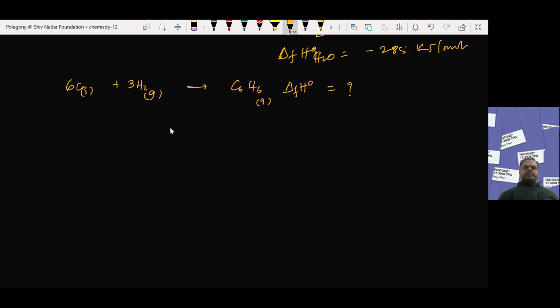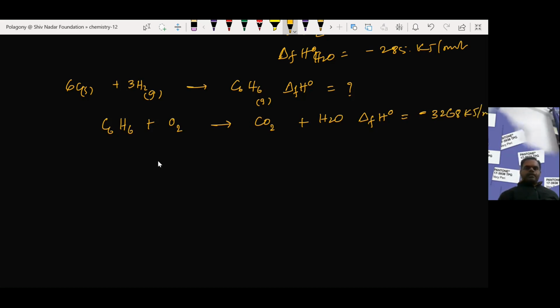But what is given in this equation is that C6H6 plus O2 gives rise to CO2 plus H2O. The standard enthalpy is given as minus 3268 kilojoules per mole.